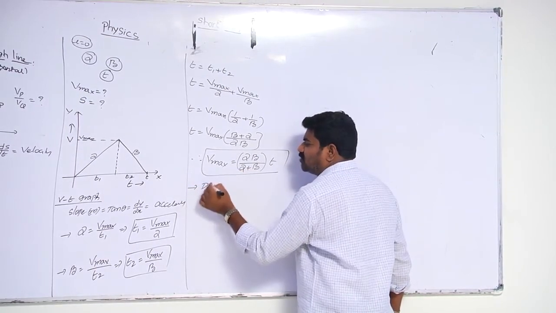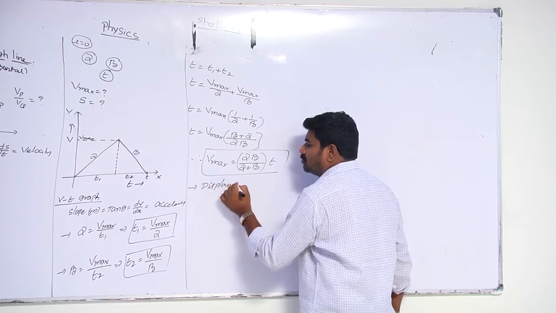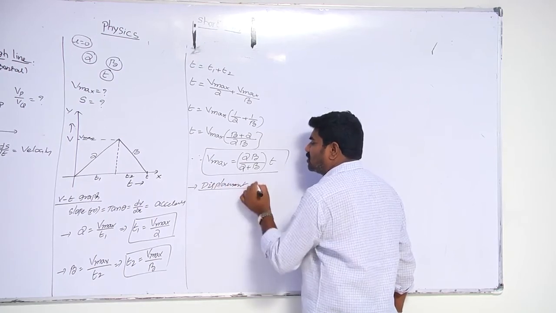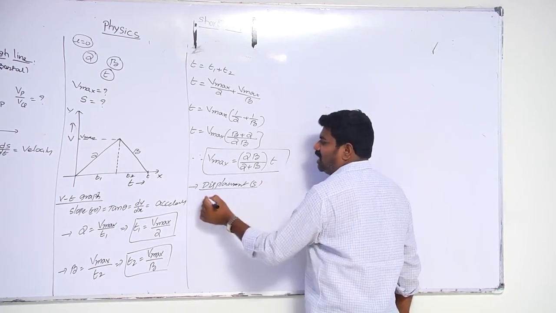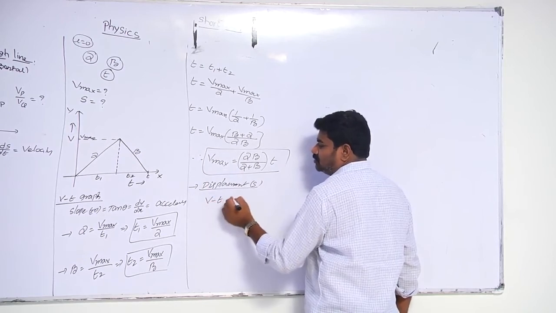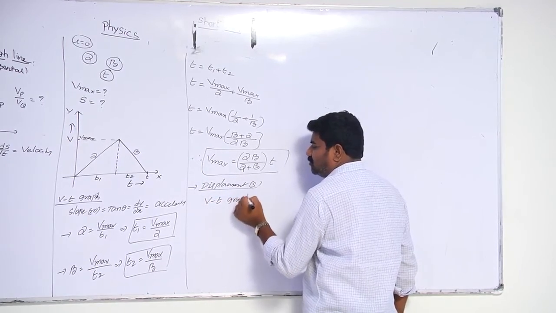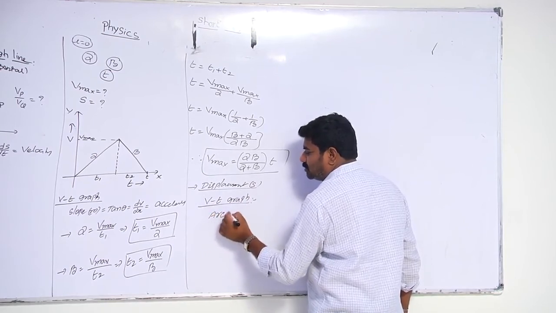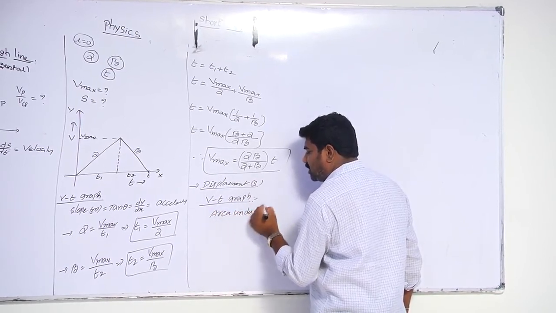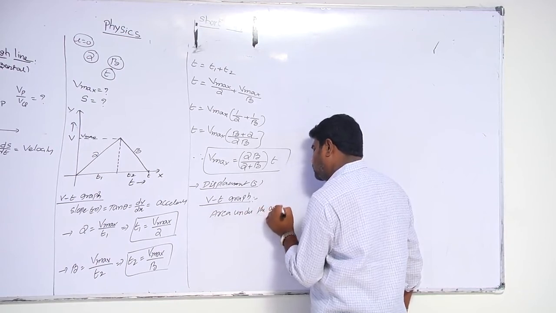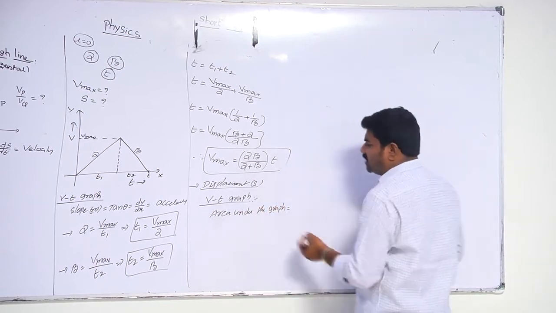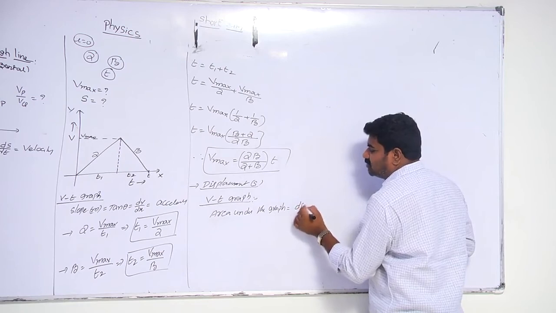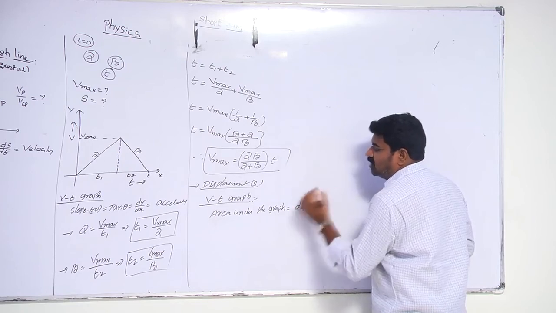What about the displacement? We want to find the displacement. In the velocity time graph, the area under the graph is equal to displacement. What is the area?